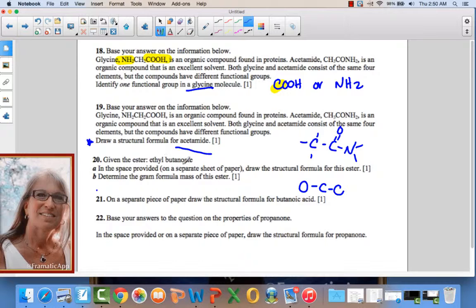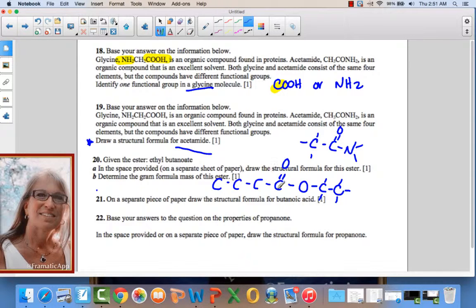The butanoate is named last, but refers to the C's before the O. But from table P is 4 C's. The rest of my functional group, when I look at it, has a double bonded oxygen off of this C. And then I just have to put in my H's. This one's got 4, 1, 2, 3, 4.